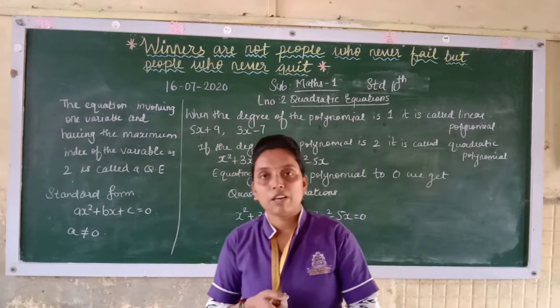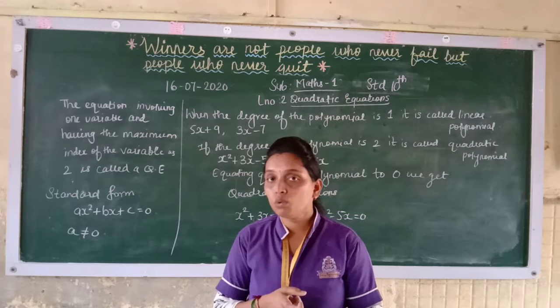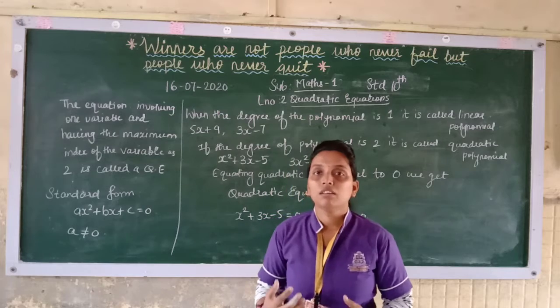So only one variable should be present and the highest power of the variable should be 2. It should not be more than 2. If it is more than 2, it is not a quadratic equation.